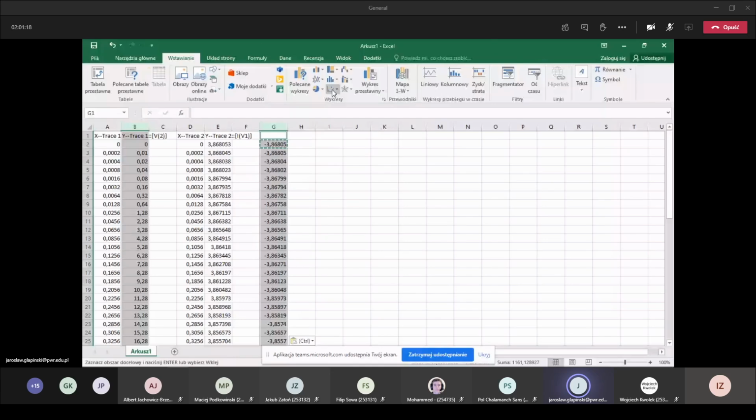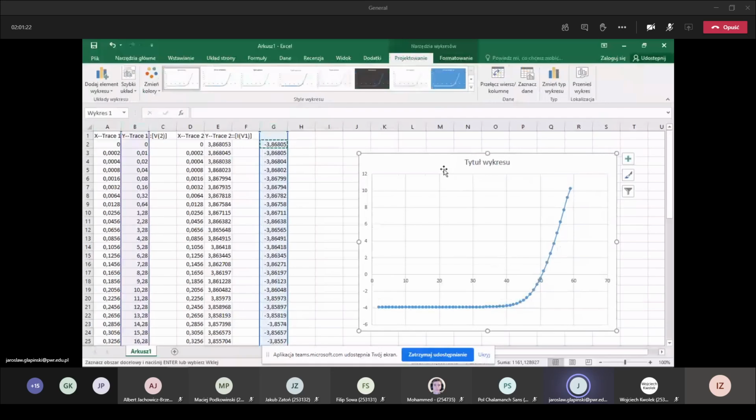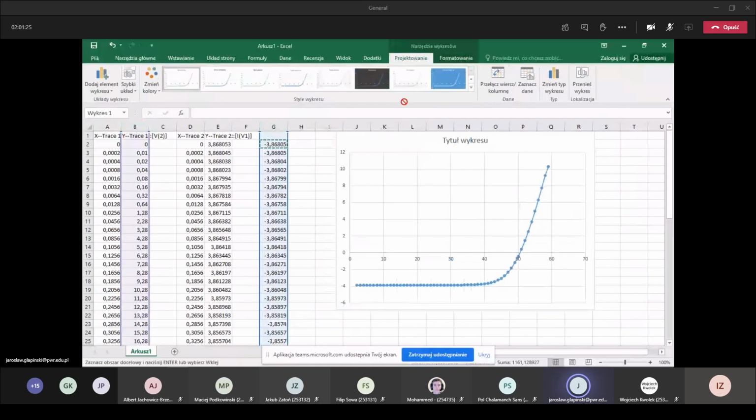You can see the graph which corresponds to what we are talking about.